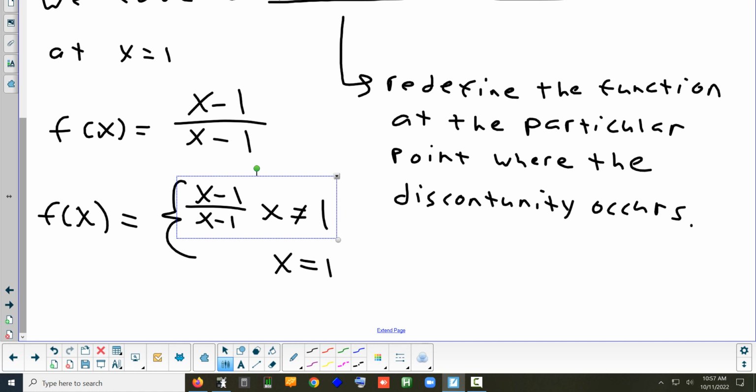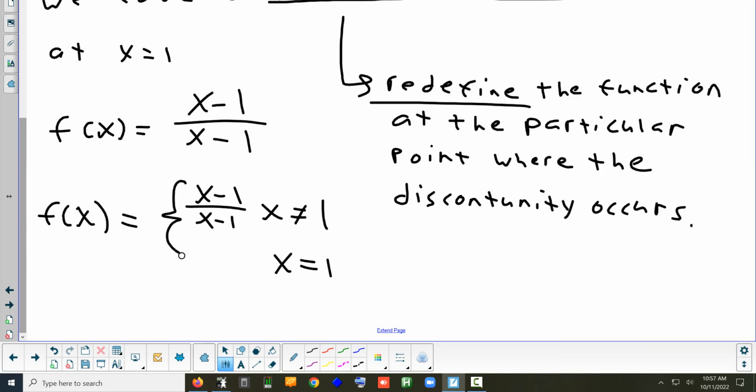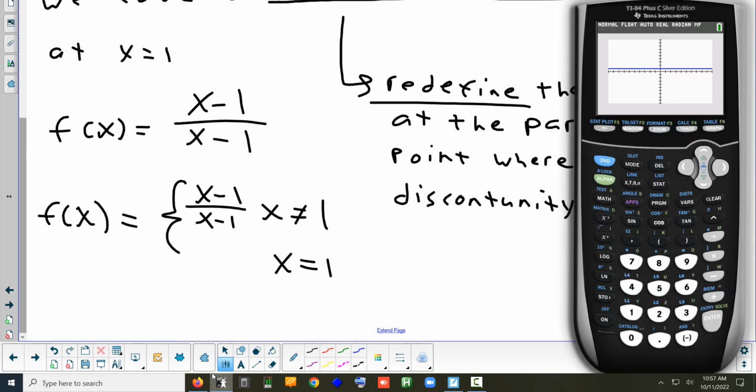But if x is equal to 1, we're going to redefine it, create a new function right here that we're going to use only for the case when x equals 1. And if we put that back in, we want to redefine it in a way that would make it continuous. So think about, if x equals 1, what would you want the formula to be so that it would be a continuous line?